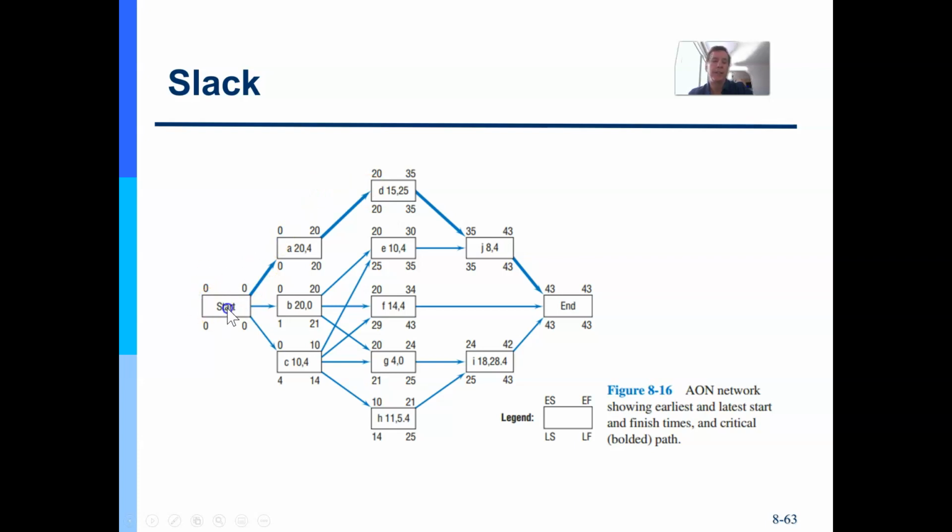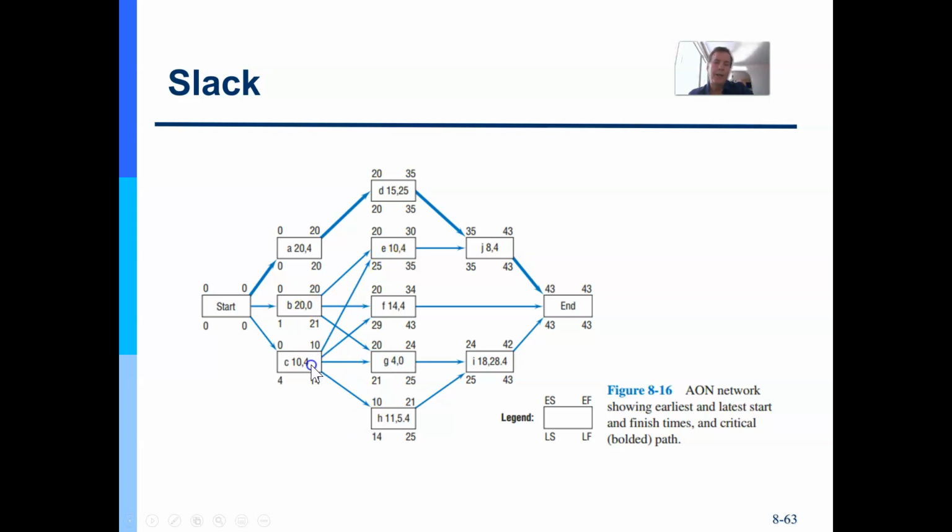I must finish this before I begin these. I must finish B before I can begin D and E. I must finish B before I can begin E and F and G. Well, I will finish C before I begin E, and C goes to F, and C goes to G, and C goes to H. Now there's a little bit of a problem here.